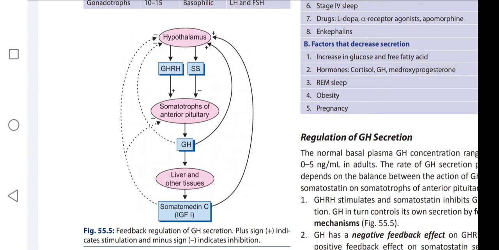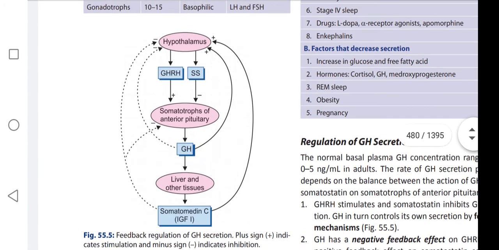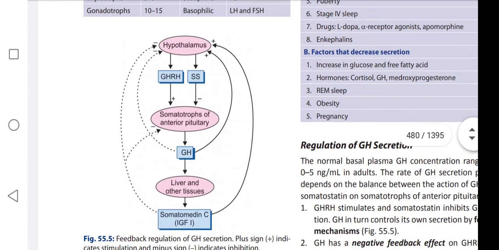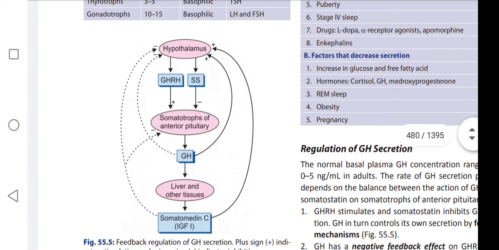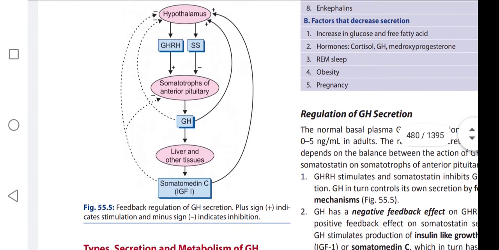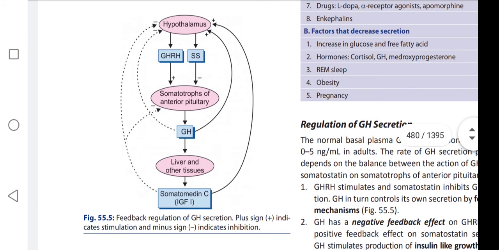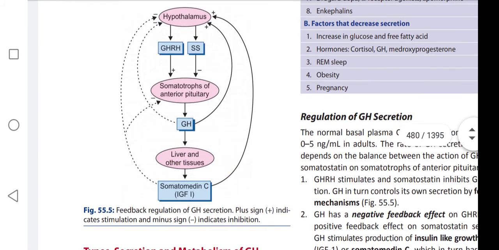The growth hormone has a negative feedback effect on the hypothalamus. Growth hormone promotes the release of somatostatin due to its feedback effect on the hypothalamus. And growth hormone acts on the liver and other tissues, and it leads to formation of somatomedin, which is nothing but insulin like growth factor 1.